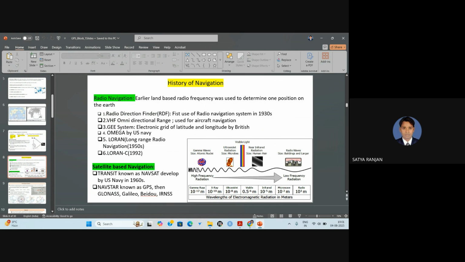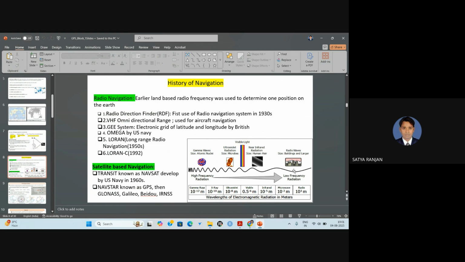In gamma waves, the wavelength is very small, and the wavelength for visible light is 0.4 to 0.7 micrometer. Then infrared is greater than 0.7 micrometer, then microwave remote sensing, then radio wave.